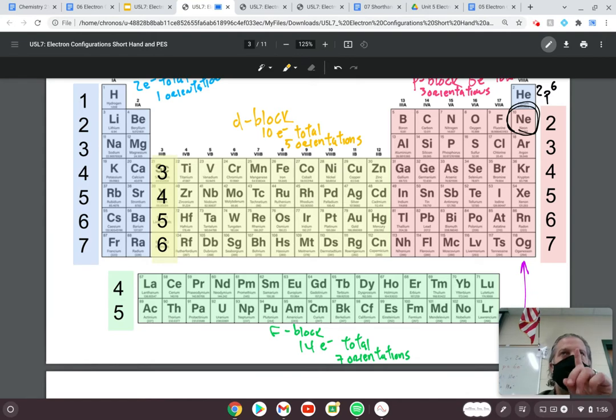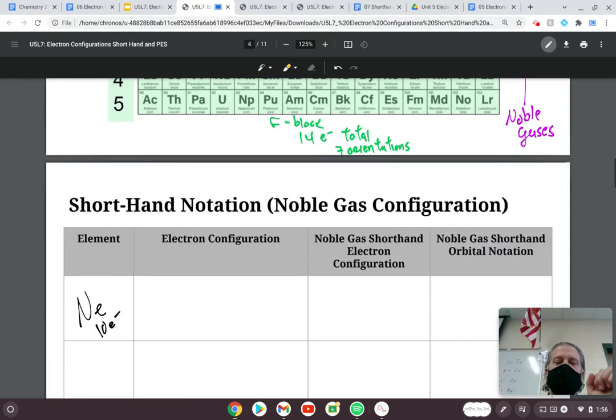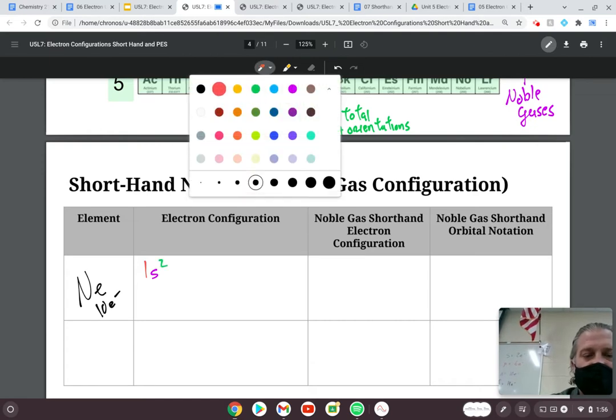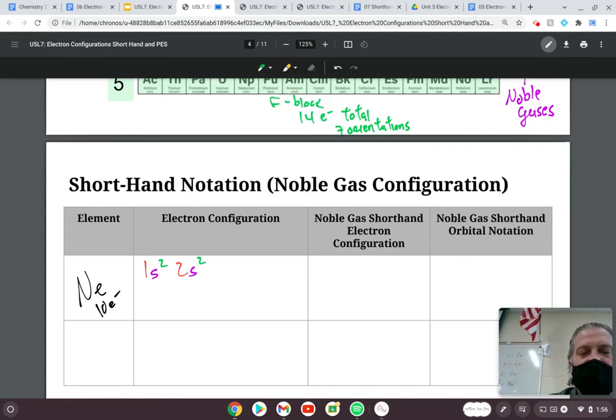And that's going to become important in a minute. So if I write the actual electron configuration for neon, I would write 1s2, 2s2, and 2p6.